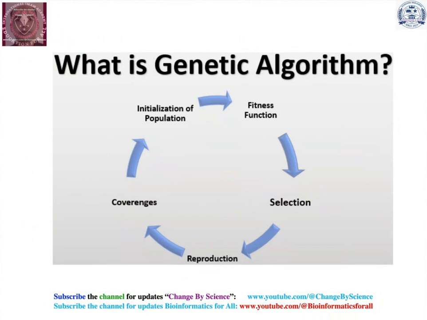For example, if you have 100 cells or 100 networks of gene regulation, then the top 20% or top 30% or top 50% of the networks you are going to select based on the top fitness values. So this is called selection.